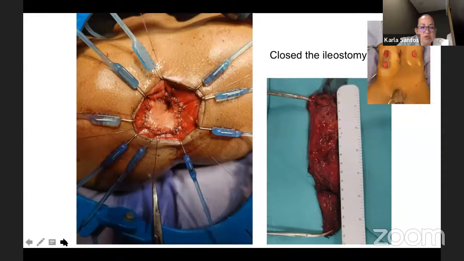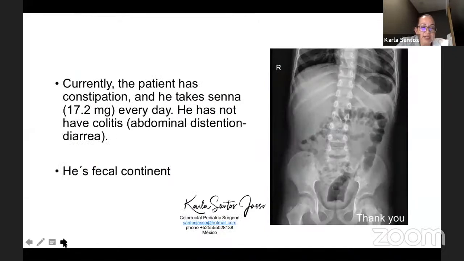In the same procedure, we closed the ileostomy. Currently, 3 months after surgery, the patient has constipation and takes senna, 17.2 milligrams every day. He has not had colitis, abdominal distension, or diarrhea, and he is fecally continent. Thank you.